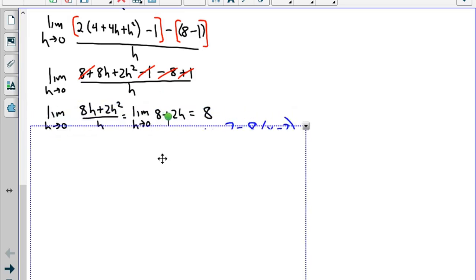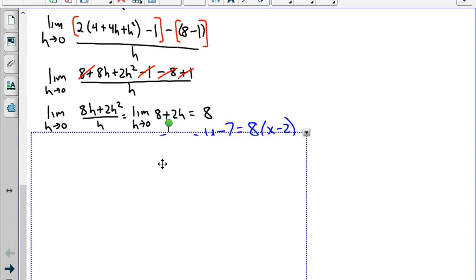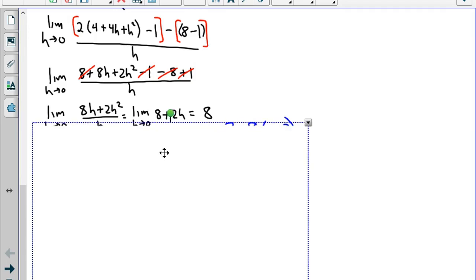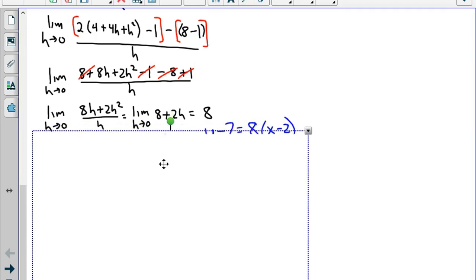Okay, so then I have the limit as h approaches 0 of 8h plus 2h squared all over h. And then I do a little combining and so on, canceling the h's out. And then I just substitute 0 in for h, and I end up with 8. So that's the slope. My slope is 8.